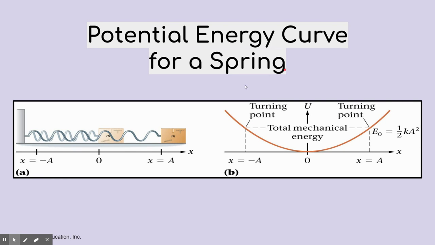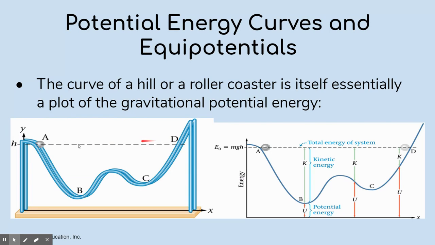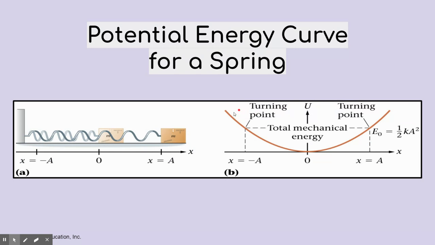Potential energy curves for a spring are a little bit easier because we don't have this pathway. We have something that's more parabolic and easier to look at. At our turning points here, that's where we pull the spring out and then it returns back to its original position.